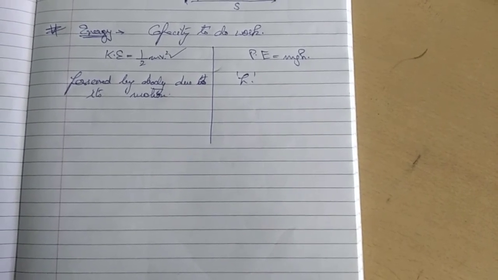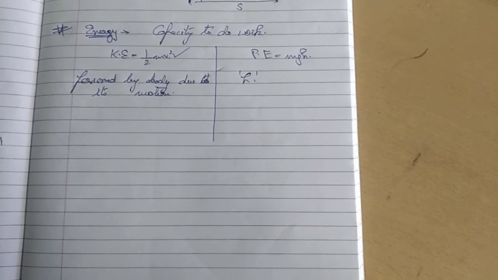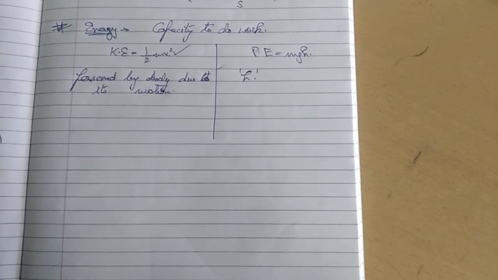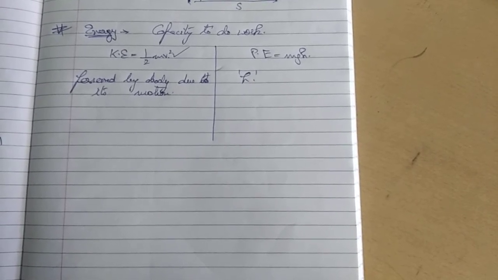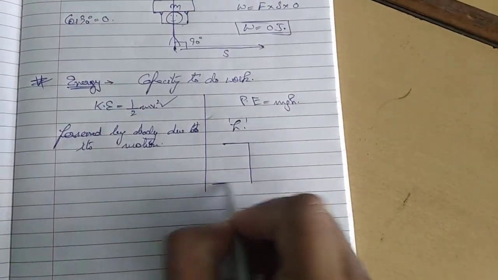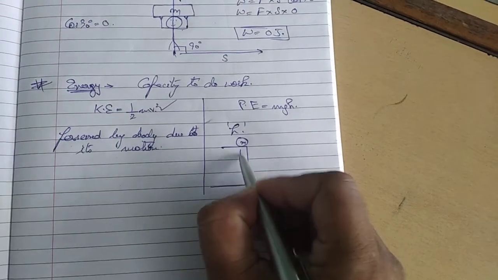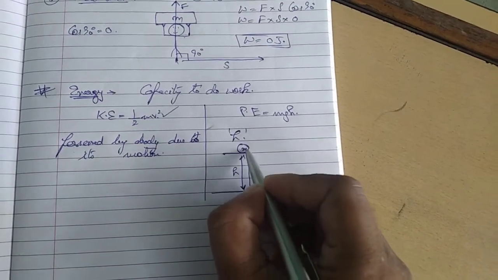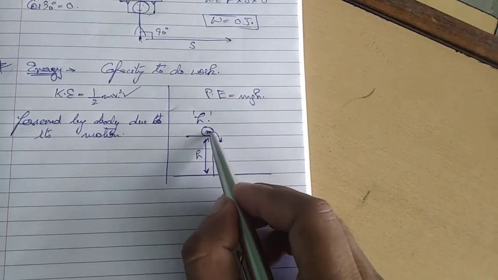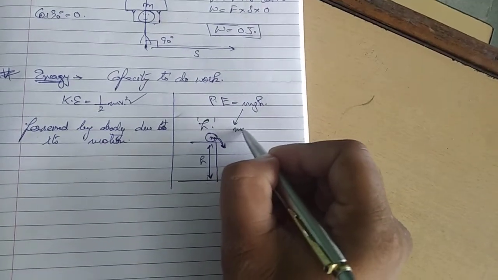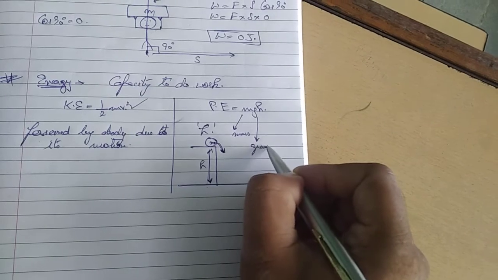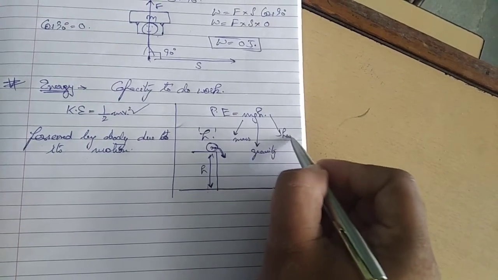Similarly, if I drop anything from a maximum height, it will break. But if I drop it from a height of only 2, 3 or 5 centimeters, it will not break. At some height h, the body of mass m is here, and this is h. When it is dropped, its potential energy decreases because height decreases. Here m is the mass, g is gravity, and h is the height.